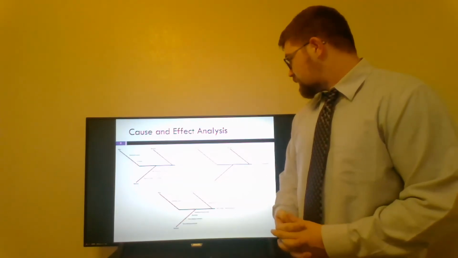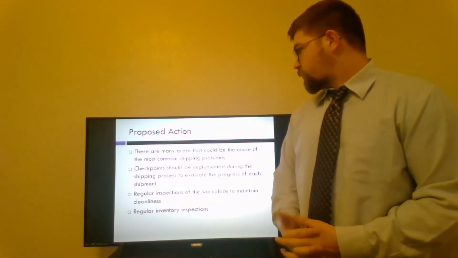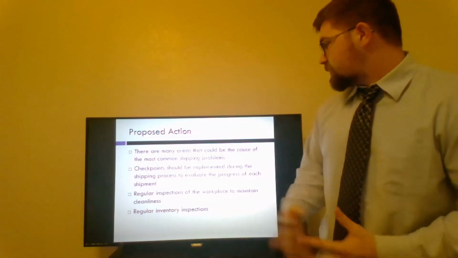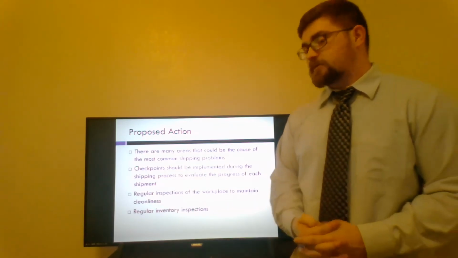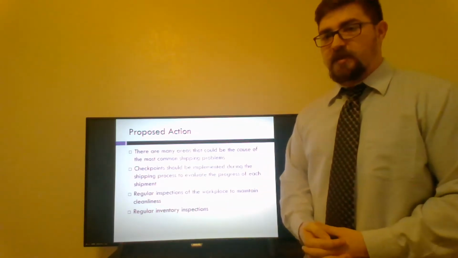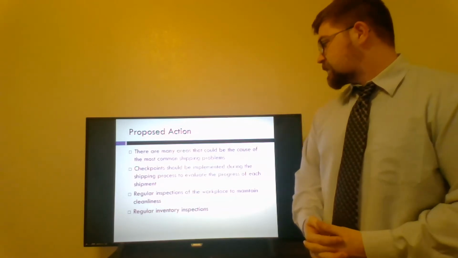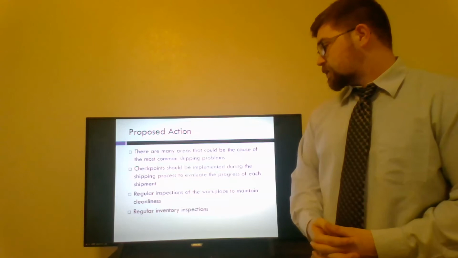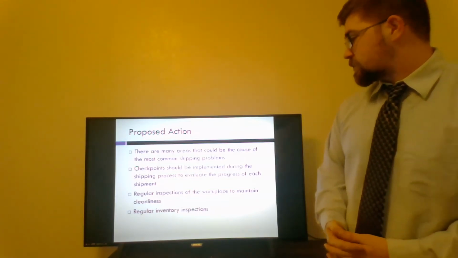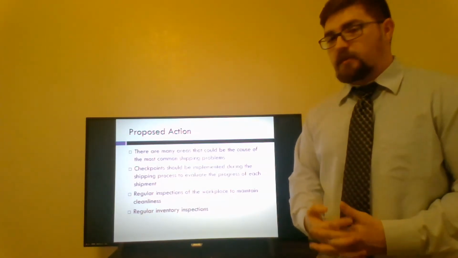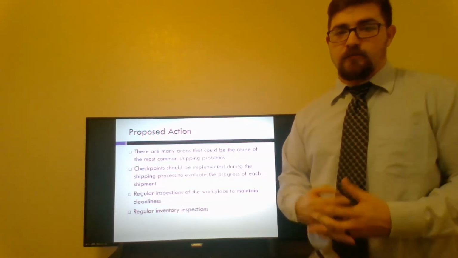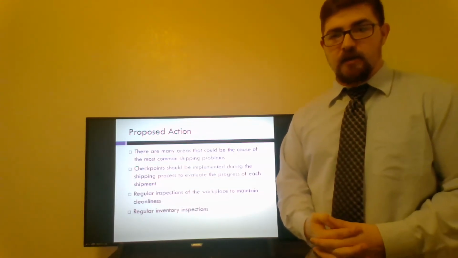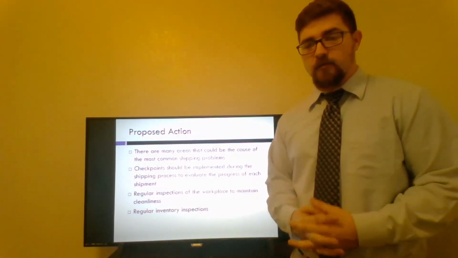So for proposed action, I would say there are many areas that could cause things to be late, a lot of delays. Things I would implement for the company are checkpoints. Checkpoints can be used or implemented during the shipping process to evaluate shipments as they're going through.